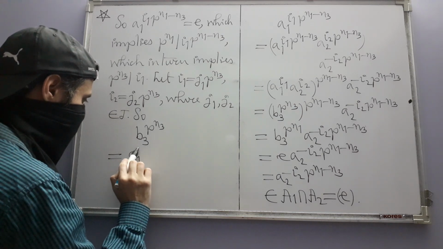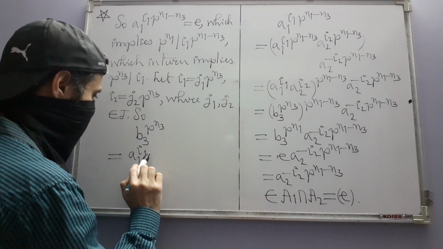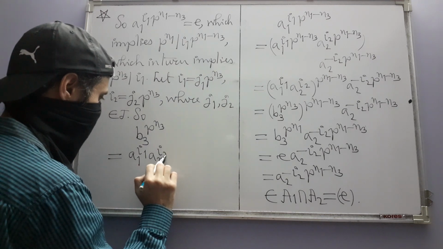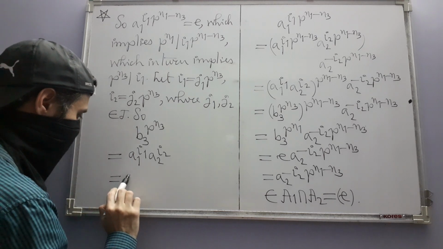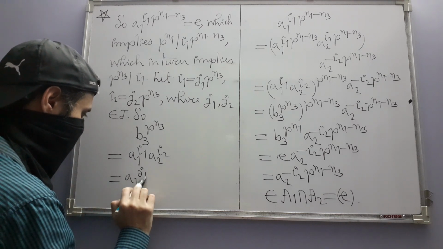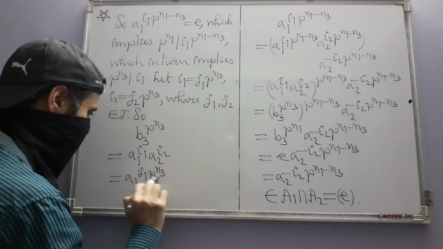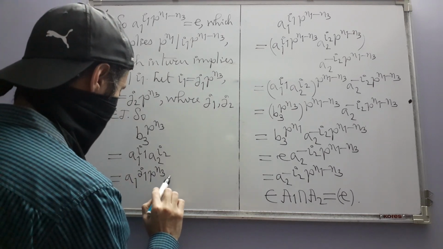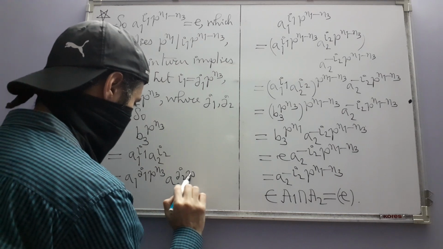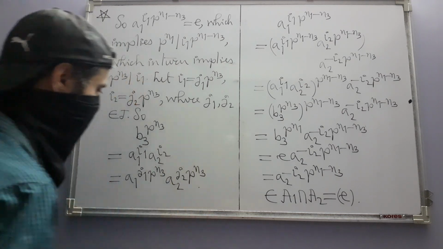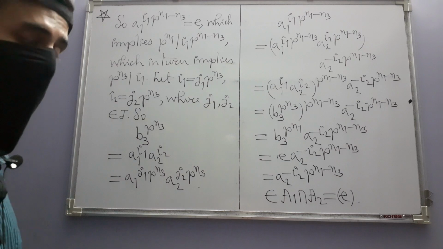Of course, we remember that this is a1 to the power I1 times a2 to the power I2. So, a1 to the power j1 times p to the power n3 times a2 to the power j2 times p to the power n3. And keep in mind that we are in an abelian group.